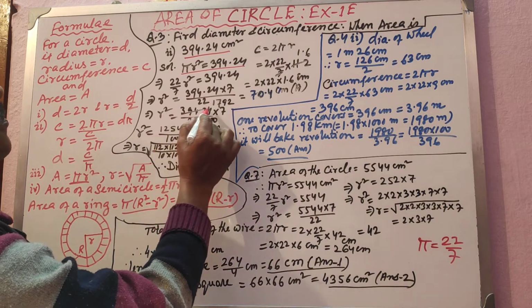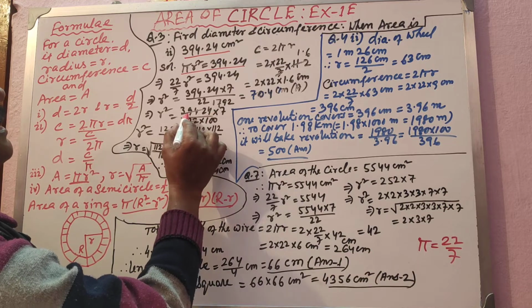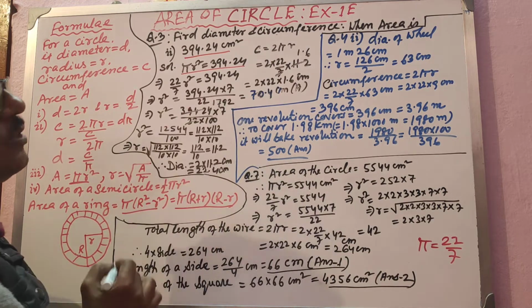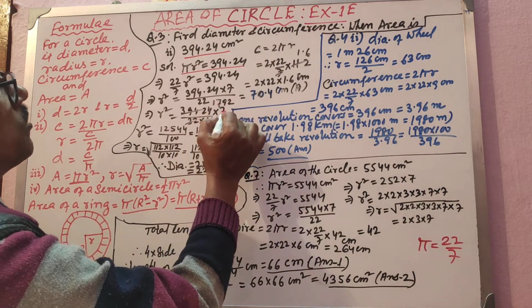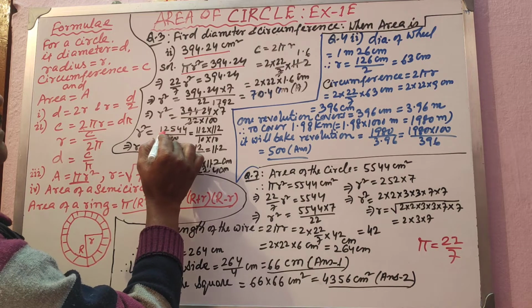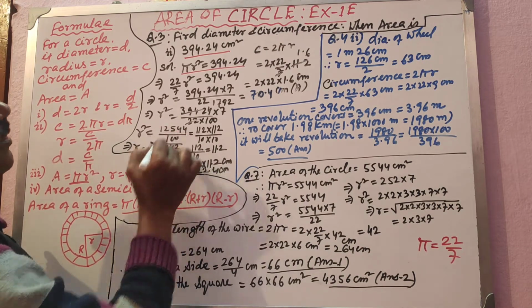So 39424 into 7 divided by 100. 22 can cancel and it will become 1792. 1792 into 7 by 100. 1792 into 7, if you multiply, is 12544.